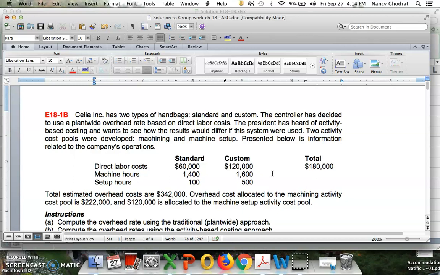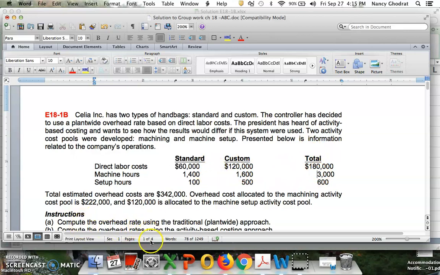So in this case, 3,000 machine hours, and setup hours in total for both products is 600 hours. So this is normally the part that you have to do yourself. Sometimes the problem provides the totals. Sometimes you got to do the addition yourself.